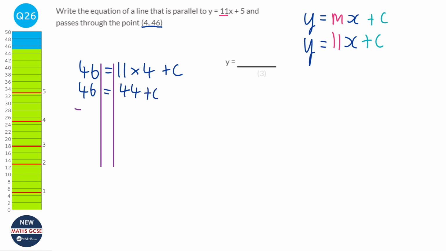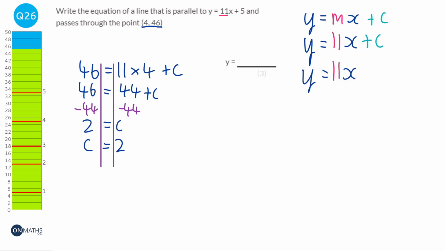And then I'm just going to take away the 44 from both sides. So we get 2 equals c, or c equals 2. And we can put that into our equation. And that is our answer. So it's going to be 11x plus 2.